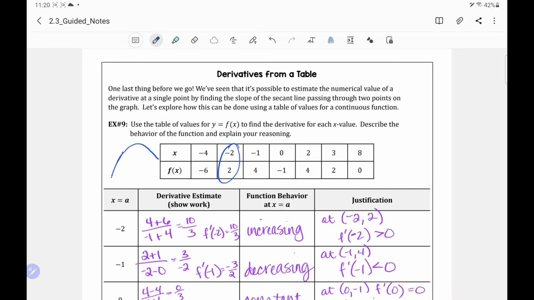So if I was at -2 right here, and I used the point for -4 and -2 to find the slope, it looks like this. Okay? If I used the point for -1, it looks like this.